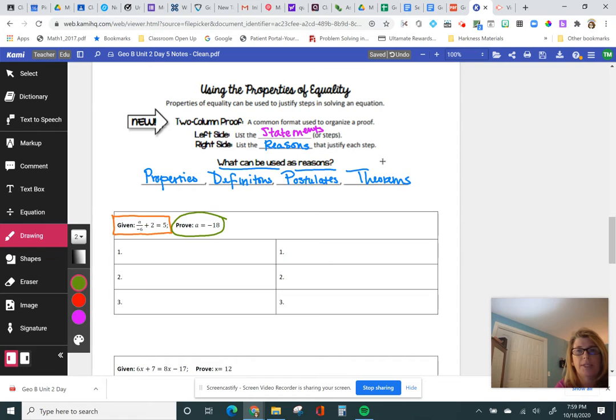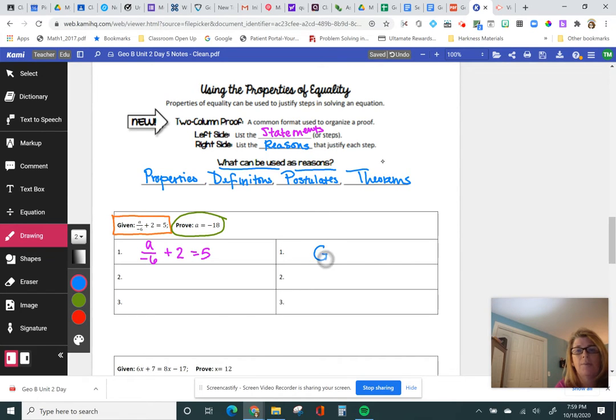So for the first one, the first statement is usually going to be the given, whatever they gave you. So this is a divided by -6 plus 2 equals 5. Now, the reason that goes on the side, the reason is given.